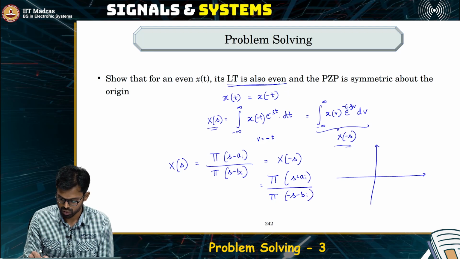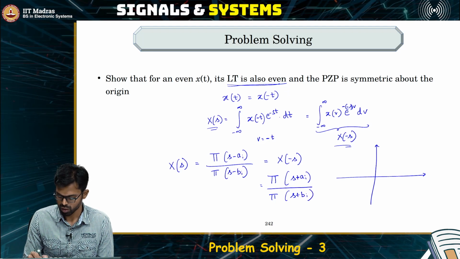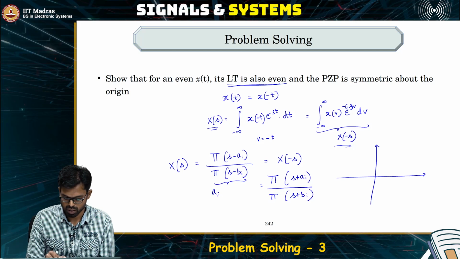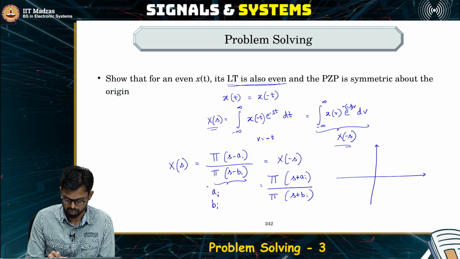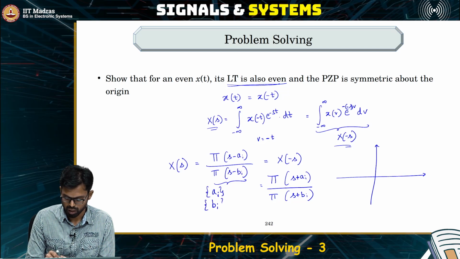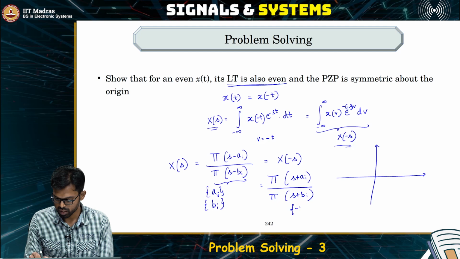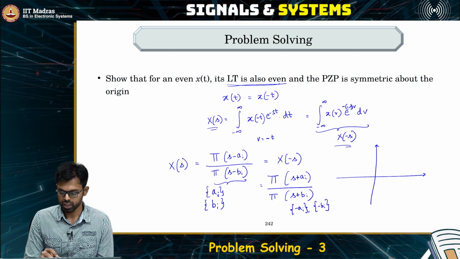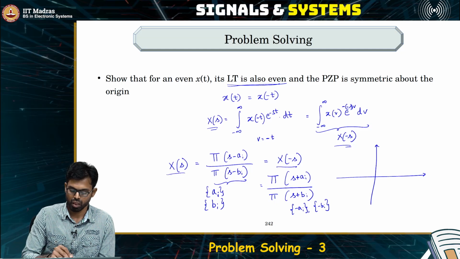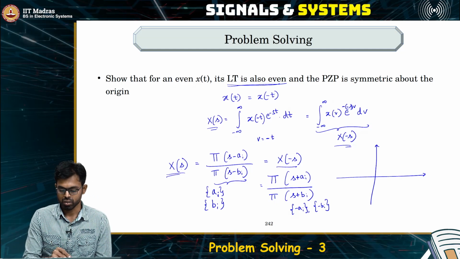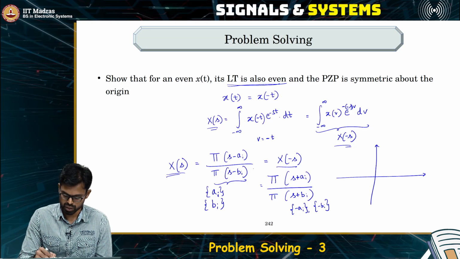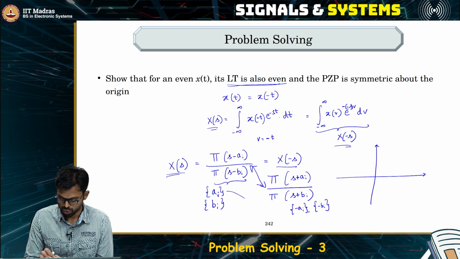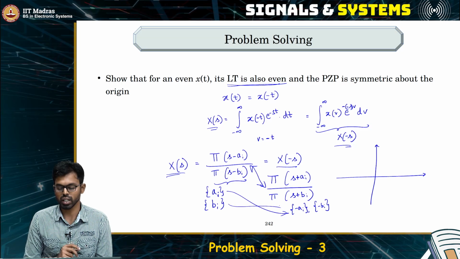In other words, now here the poles and zeros were simply ai's and bi's, right? But here the poles are now minus ai's and minus bi's, but it's the same expression. So, X of s is supposed to be X of minus s, which means these two fractions are exactly the same, which means these two sets also should be exactly the same.